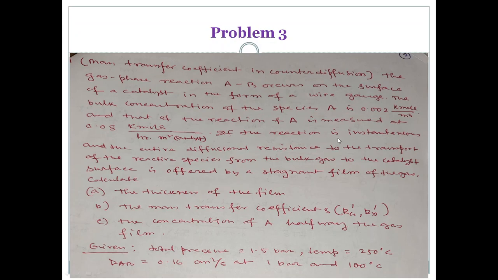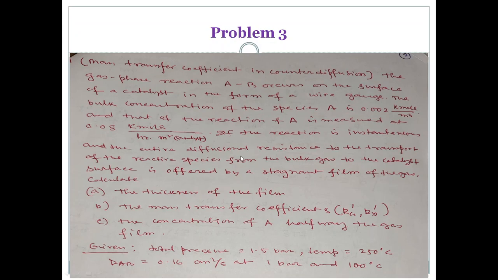If this reaction is instantaneous, it means when it reaches the surface, it will be consumed. That means the rate of reaction is faster than your diffusion rate, so the concentration at the surface will be 0. So the bulk concentration is CAB, and CAS will be 0.